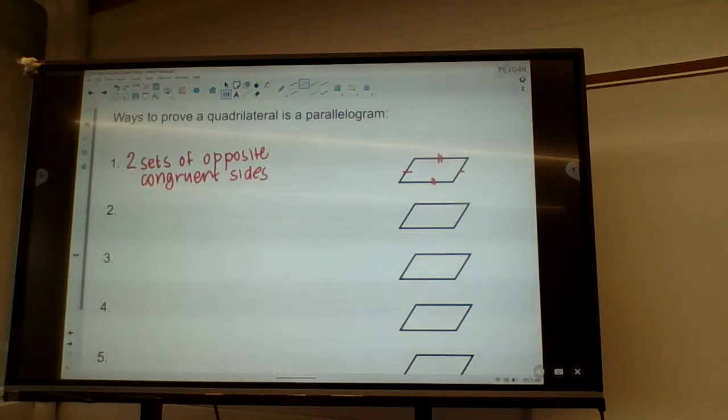And I drew a bunch of parallelograms here, so we're not marking up the same things on every single shape. Sometimes that gets really convoluted and it's hard to see what's going on. So if I have 2 sets of opposite sides that are congruent, equal, that means that it's automatically going to be a parallelogram.